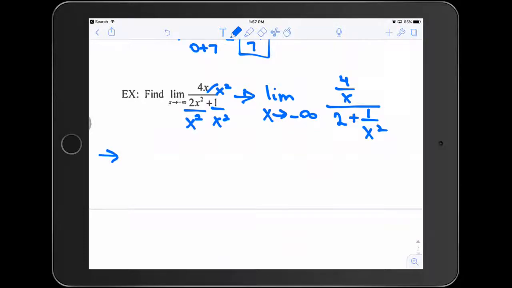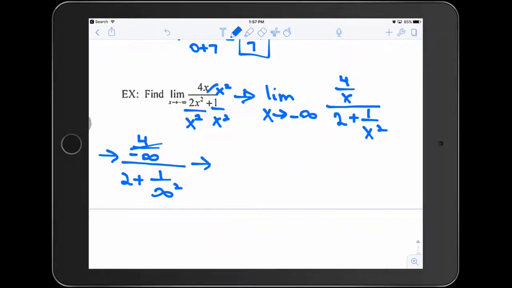So I have 4 divided by negative infinity over 2 plus 1 over infinity squared. Now again, 4 divided by any type of infinity is going to equal 0.